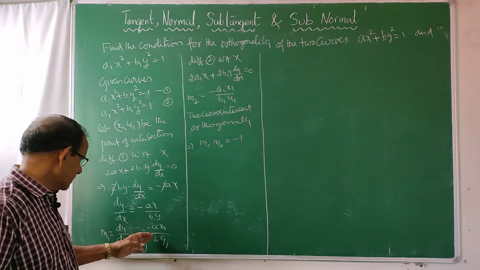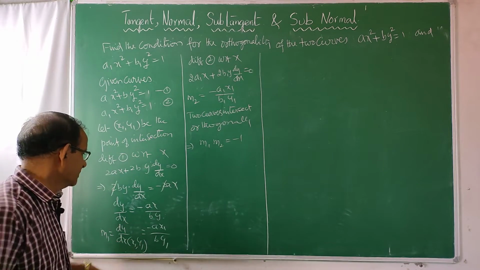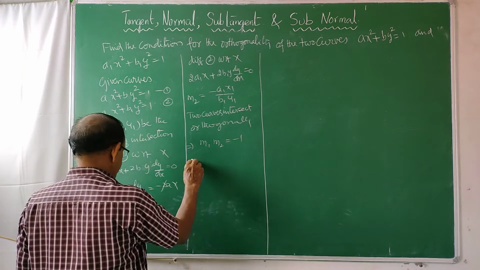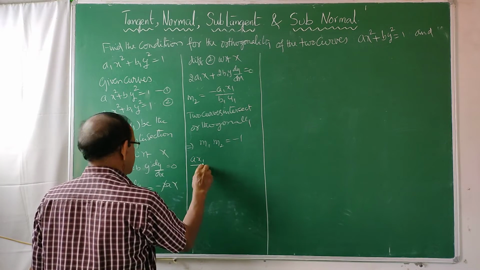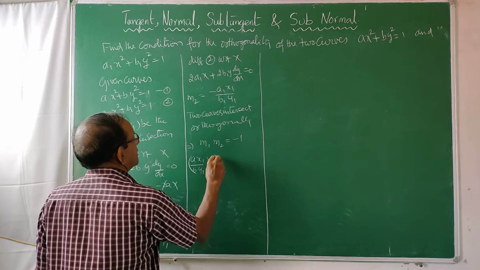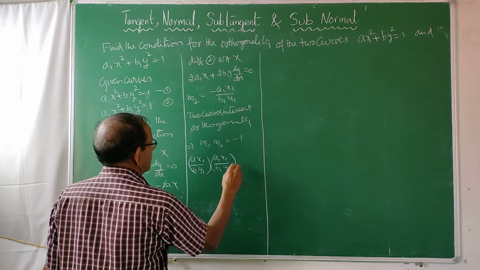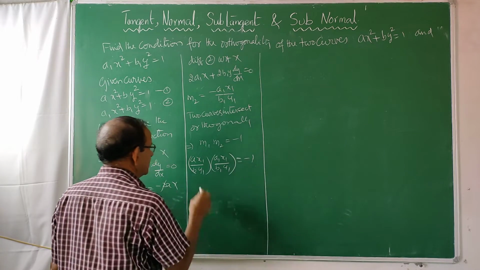That is product of these two. Minus is there in both. So you will get plus sign, ax1 by by1 into a1 x1 by b1 y1 is equal to minus 1.